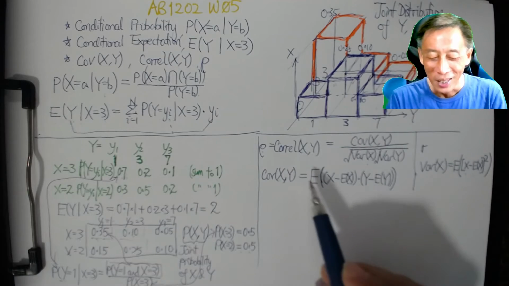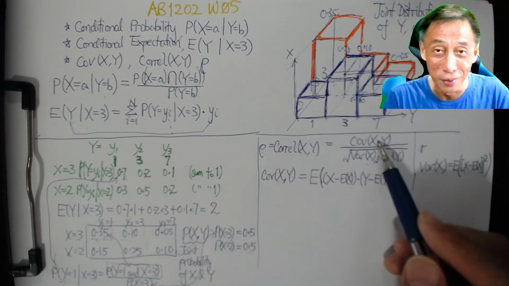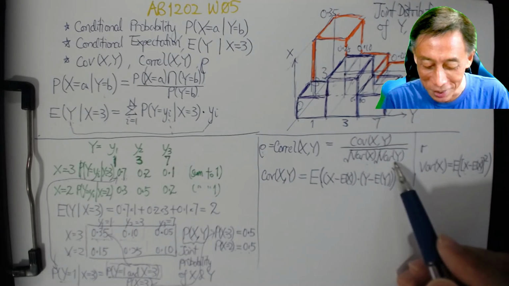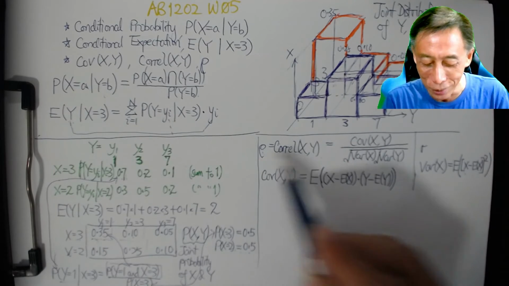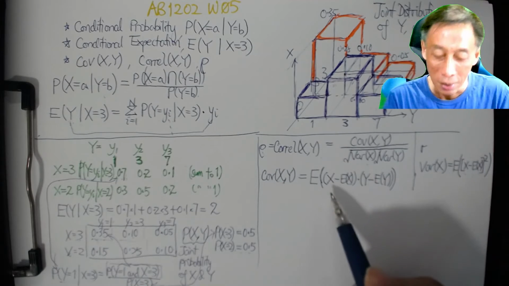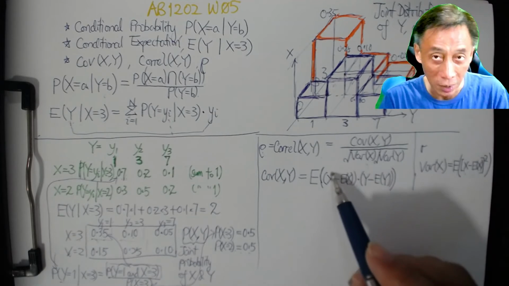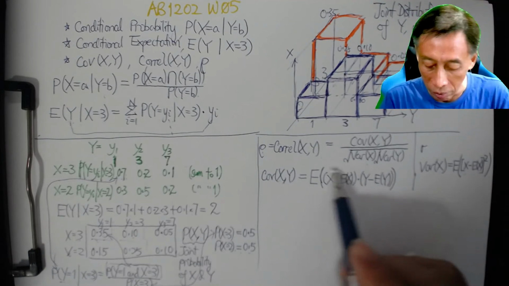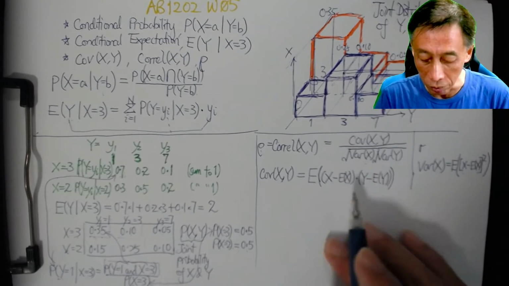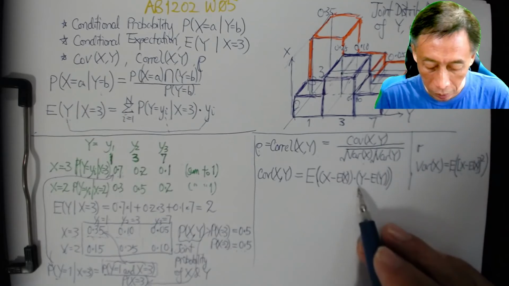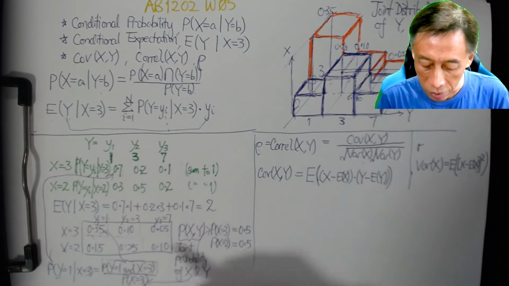So we cannot say correlation is defined by covariance divided by standard deviations, and therefore covariance is correlation times standard deviation. But we can calculate using a calculator, Excel, or R, based on this. And if you're interested, you can of course try it out yourself, perhaps using the joint probability table.